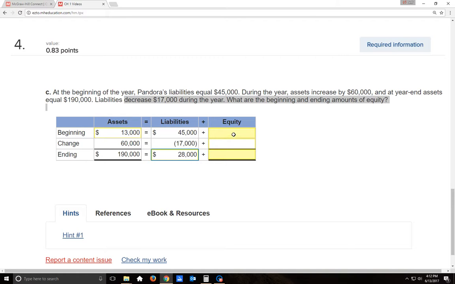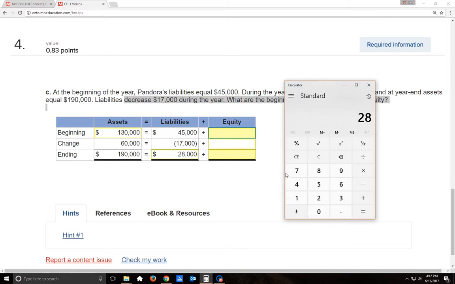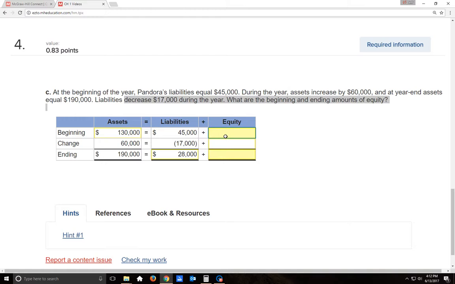Now we could solve what equity was at the beginning, during the change, and also at the end of the year. So assets of 130 minus liabilities of 45, or 130 minus 45, equals equity of 85,000.